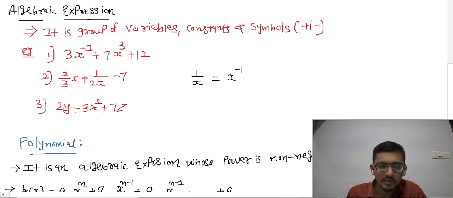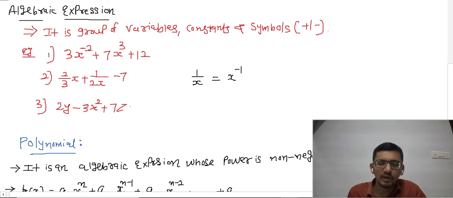In the third example you see x, y and z, three variables. Y is a variable whose power is 1, which is non-negative. X is a variable whose power is 2, which is non-negative. Z is a variable whose power is again 1, non-negative. Yes, of course, this is called a polynomial.